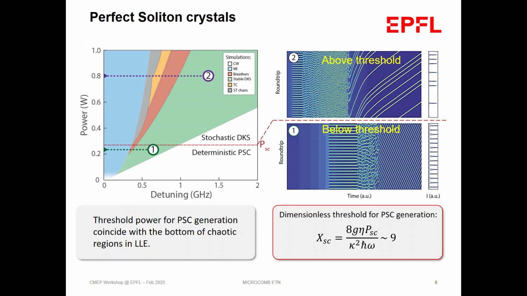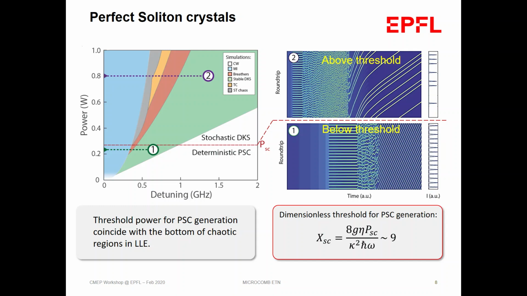But what I want to mention today is that during all these days we studied only anomalous dispersion. Of course, you can work with normal dispersion as well. It's actually easier from the fabrication point of view, I guess, to get a microresonator which has normal dispersion because of the size.